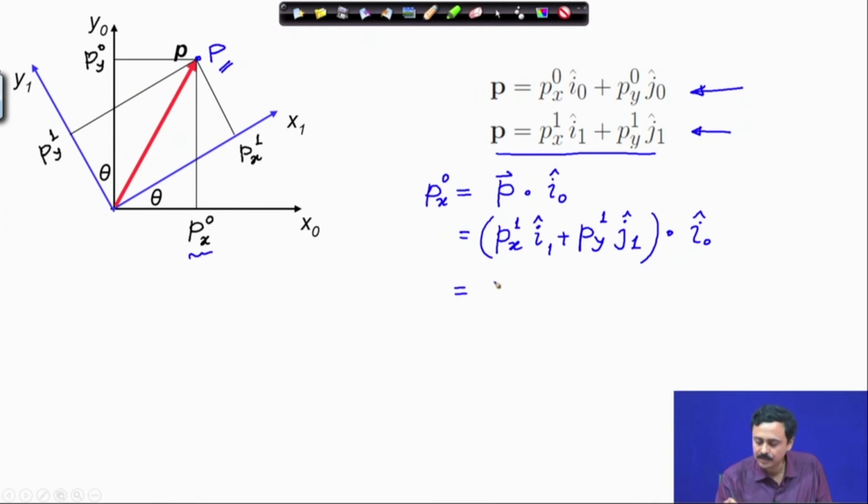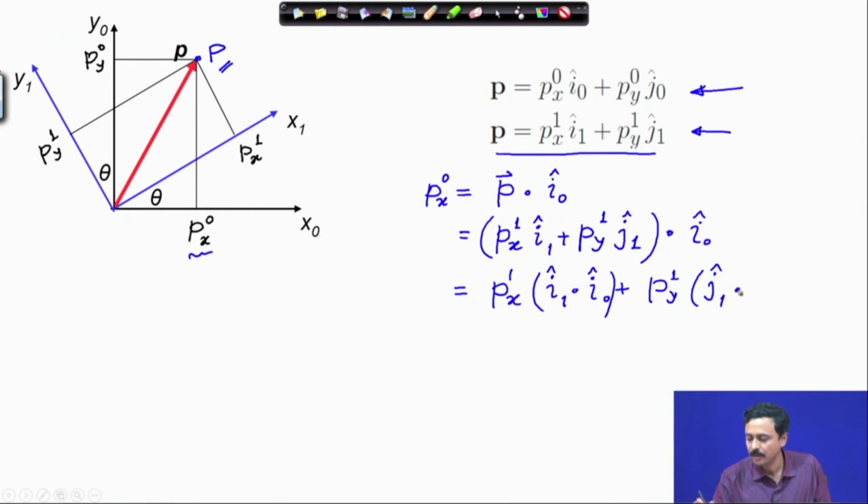So, this becomes Px1 i1 cap dot i0 cap plus Py1 j1 cap dot i0 cap.